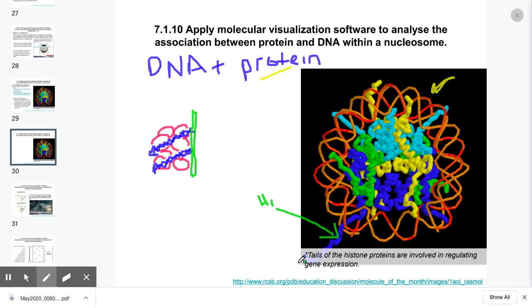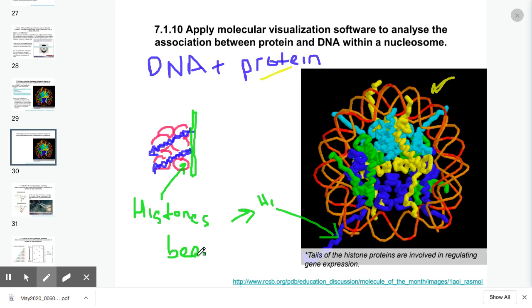So in summary, a nucleosome is made up of proteins called histones, and there are 2 types of histones. There's this H1, which I drew here on the right, and the other histone, which I've drawn in red, are called the histone beads.